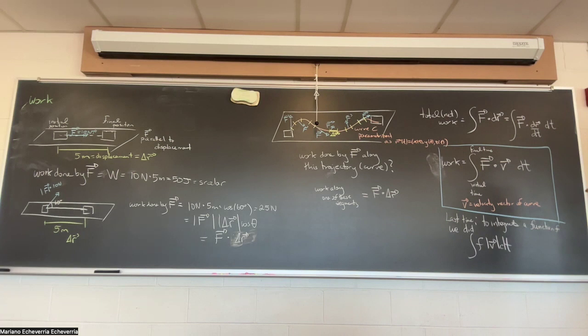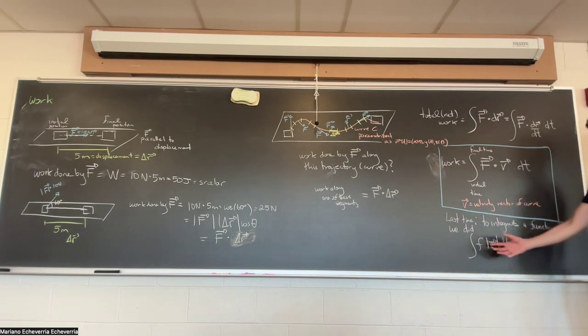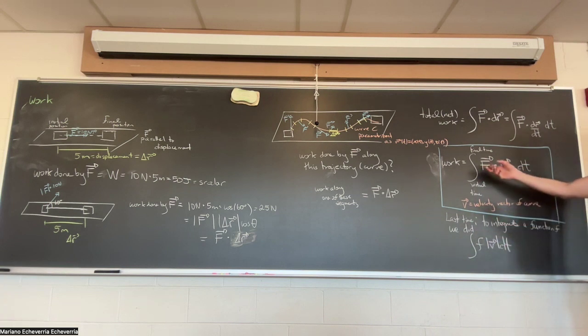The function is already a scalar, so this more or less works for the function. But when you're dealing with a vector, if you want to produce a number, the easiest way to produce a number, if you know two vectors, is just to take their dot product.